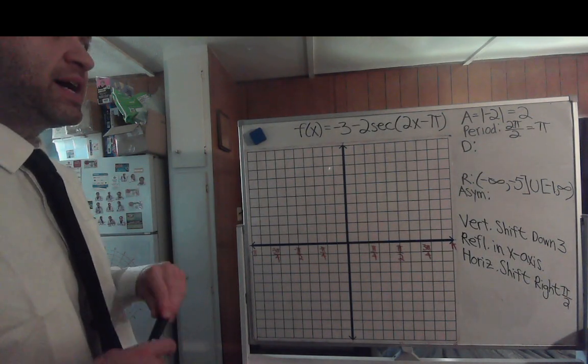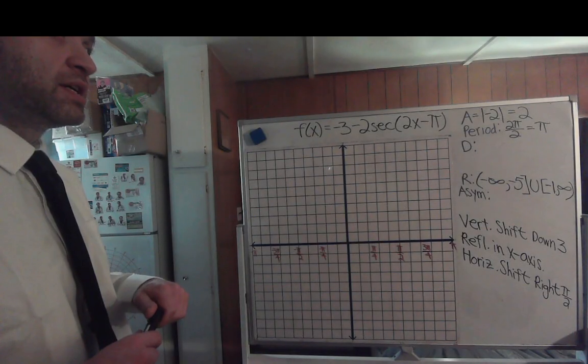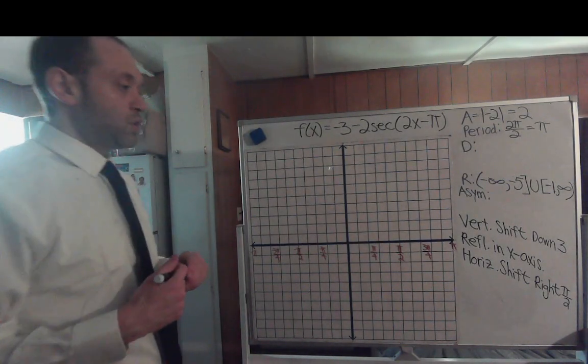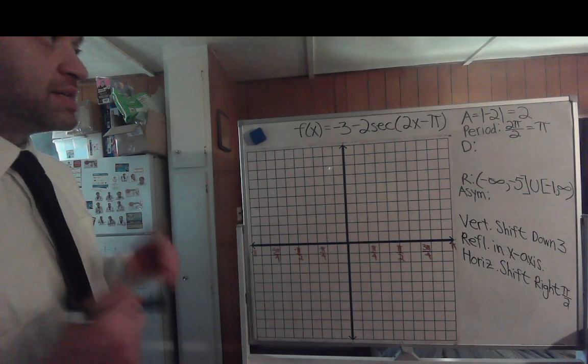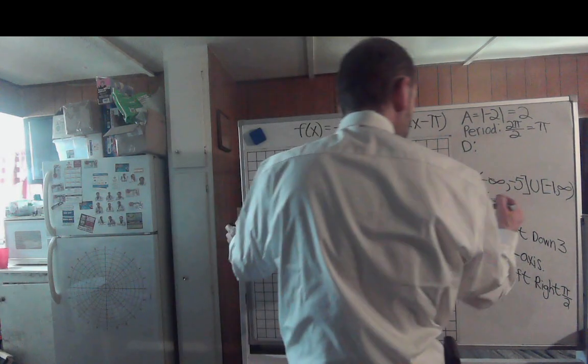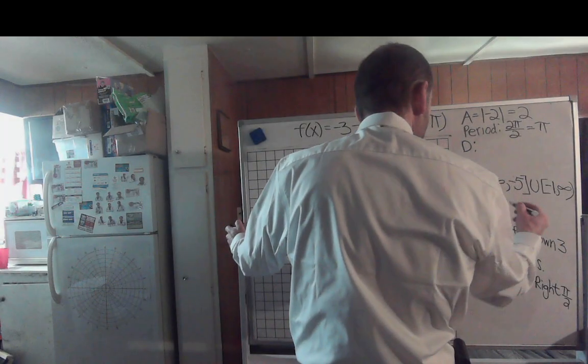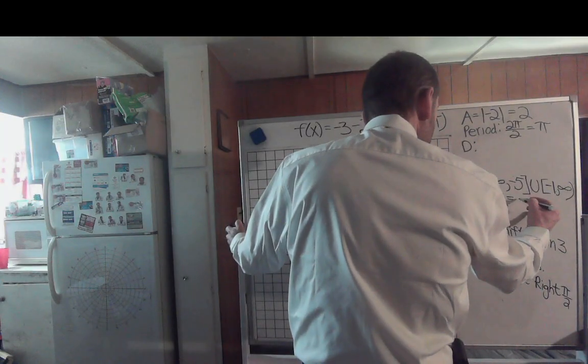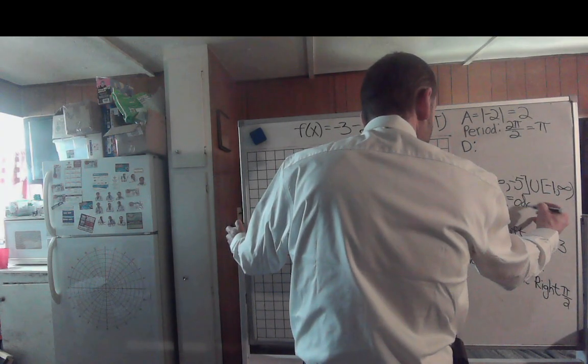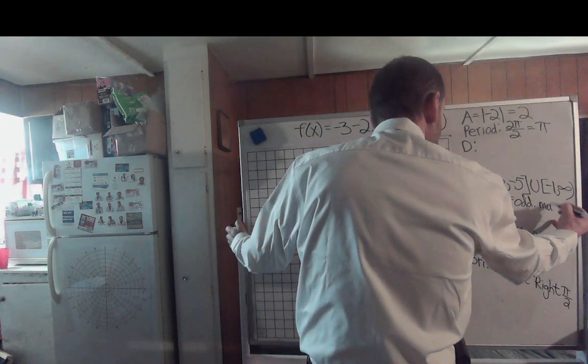That's going to be at pi over 2, right? So that pi over 2 is actually going to become pi over 4, because you divide everything by 2, so x equals odd multiples of pi over 4.